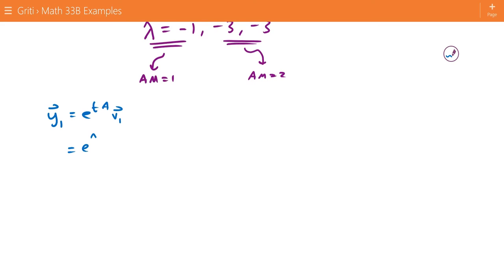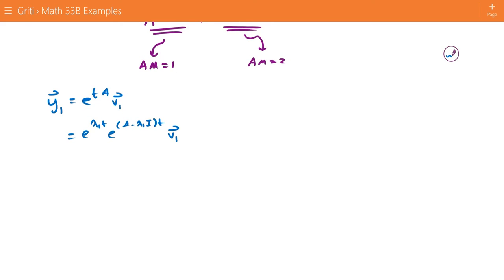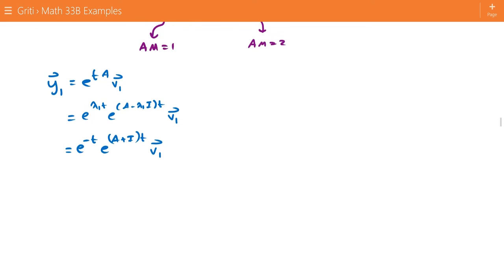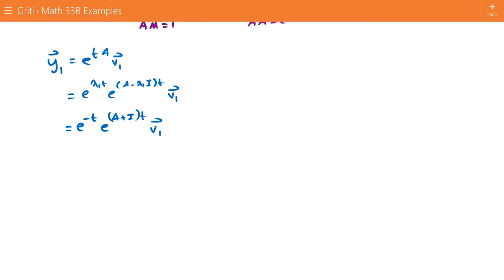So e to the tA is going to equal e to the lambda 1 t times e to the (A minus lambda 1 I) times t times v1. Lambda 1 in this case is negative 1. So this is going to be e to the negative t times e to the (A plus I) times t times v1. So now we're going to find out what v1 is.